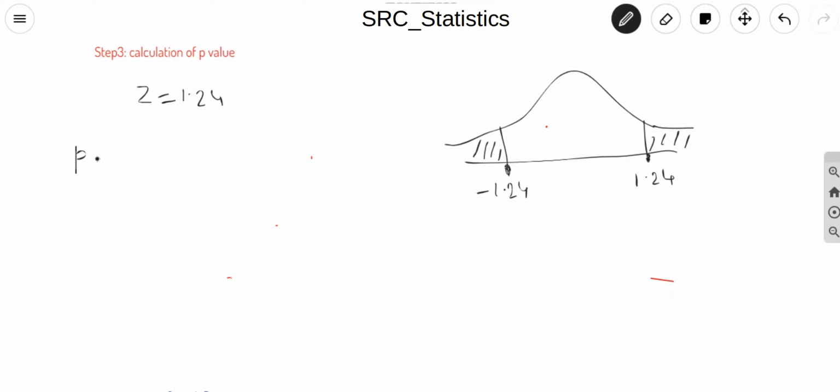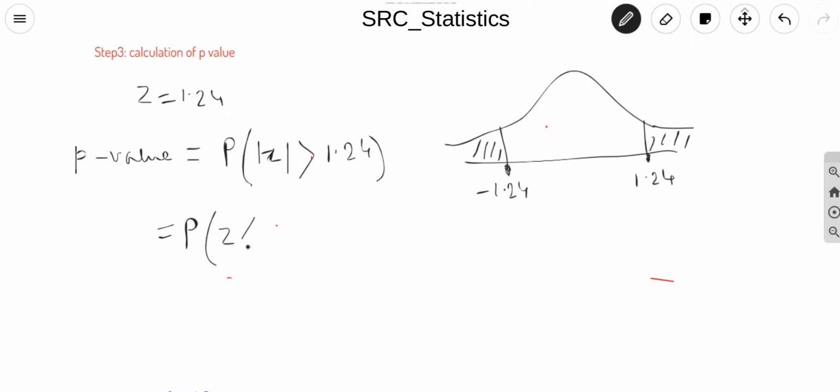The formula for p-value is probability of modulus z greater than 1.24, where 1.24 is the value of the test statistic. We can break it like this: probability z less than negative 1.24 plus probability z greater than 1.24.